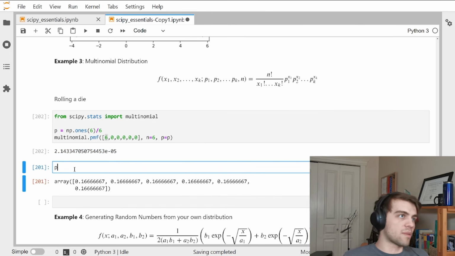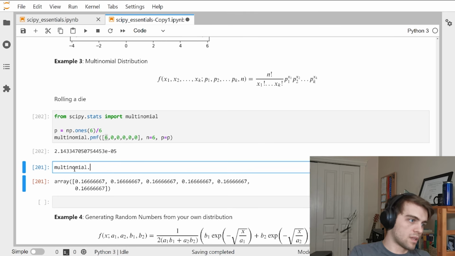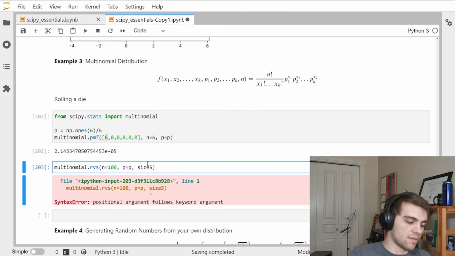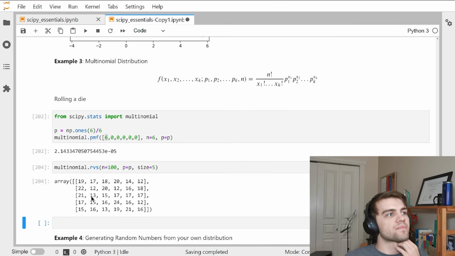And I can also generate multinomial random numbers as well. So for example, suppose I do 100 trials. Probability is p. And I set size equals 5. So let's talk about what this means.